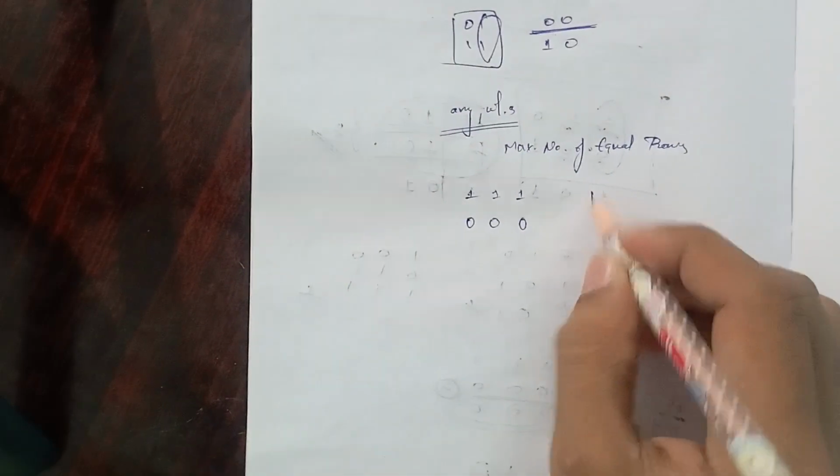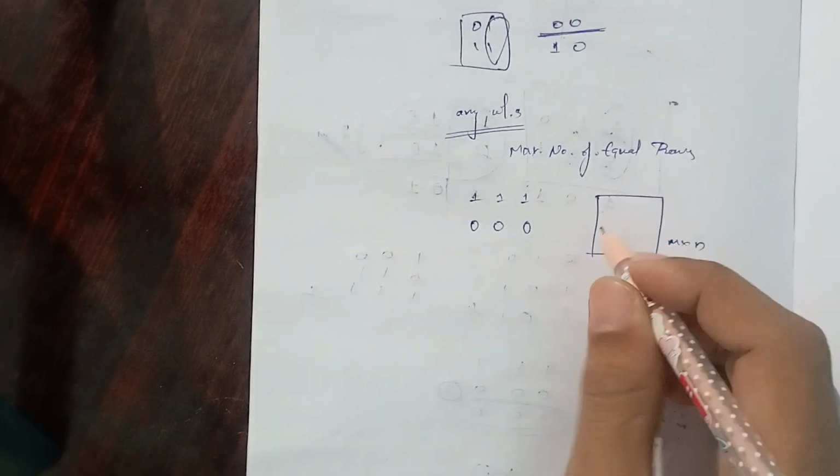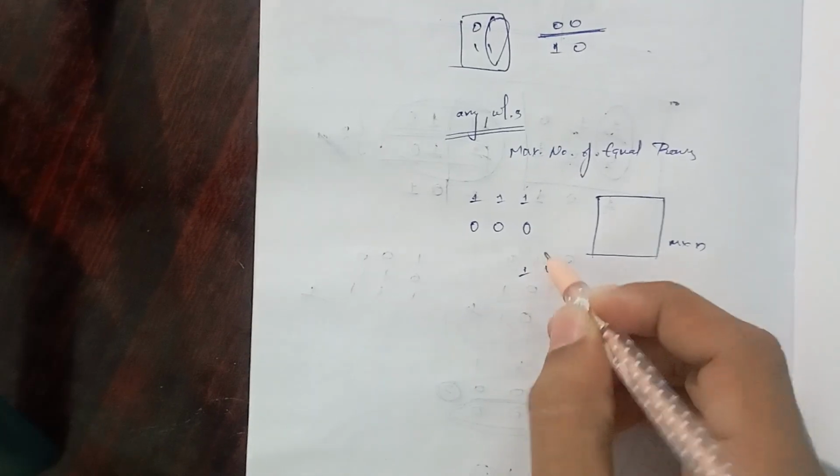We are also given an m by n matrix which has only 1 or 0.